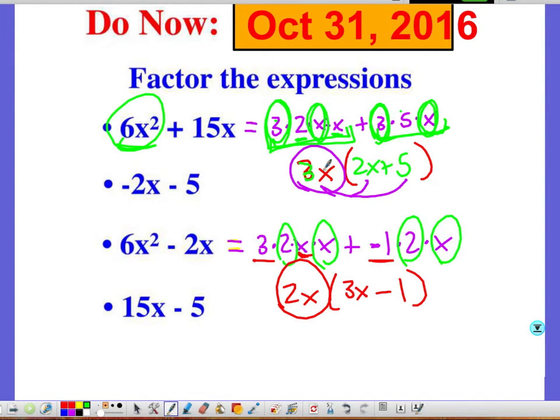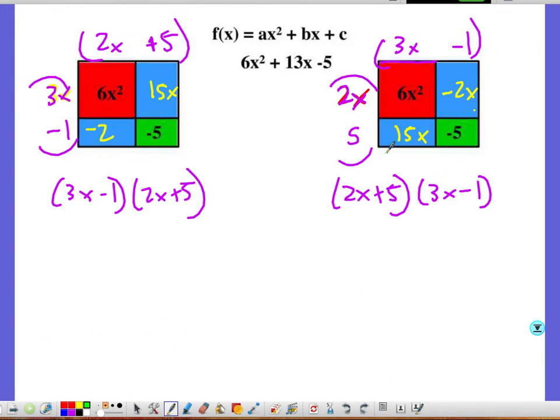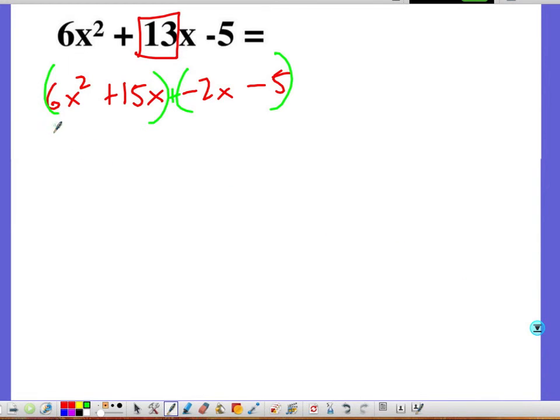So the 3x goes on the outside, and whatever is left uncircled, which is 2x and 5, goes inside the parentheses. So that means that right here I can take out a 3x, and whatever's left inside is going to be 2x plus 5.